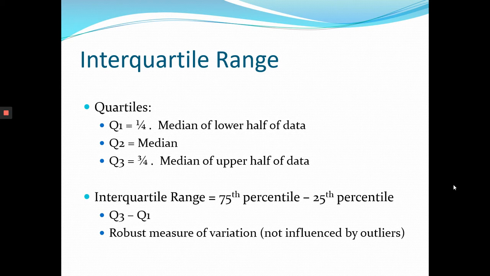So if you take the 75th percentile minus the 25th percentile, you'll have 50% of the scores. It's that middle 50% of the scores, the difference between the score at 75 and the score at 25.